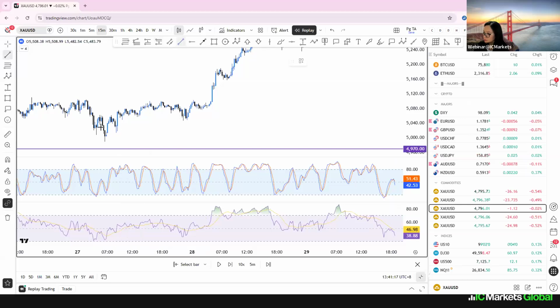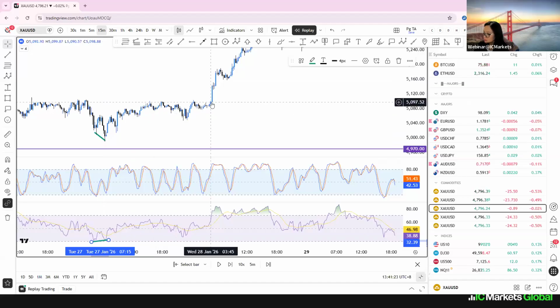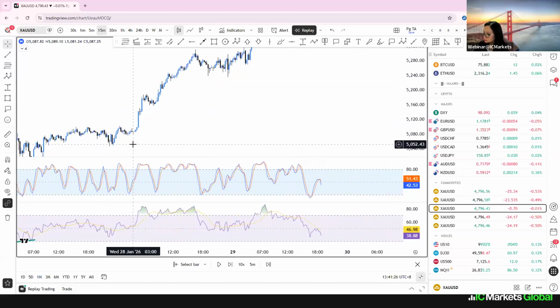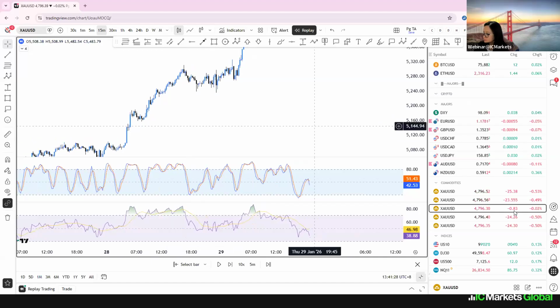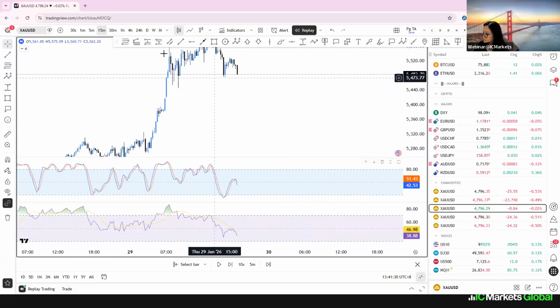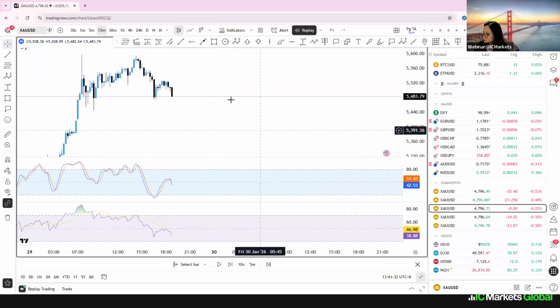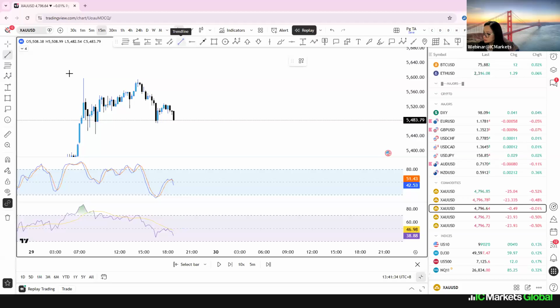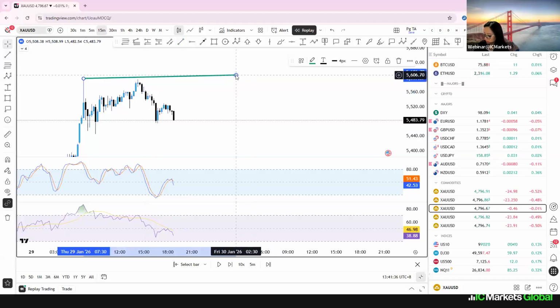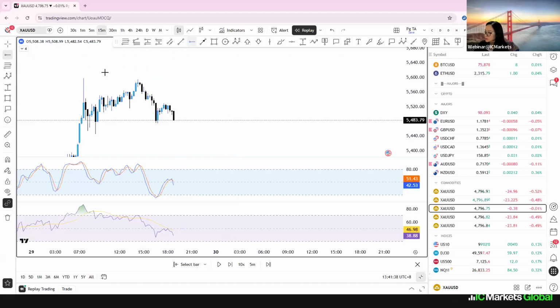Okay, I spot that this is the bullish divergence, and price continues. Bearish, but this one we don't see the bearish divergence. Okay, these are the swing highs, right? These are the all-time highs.